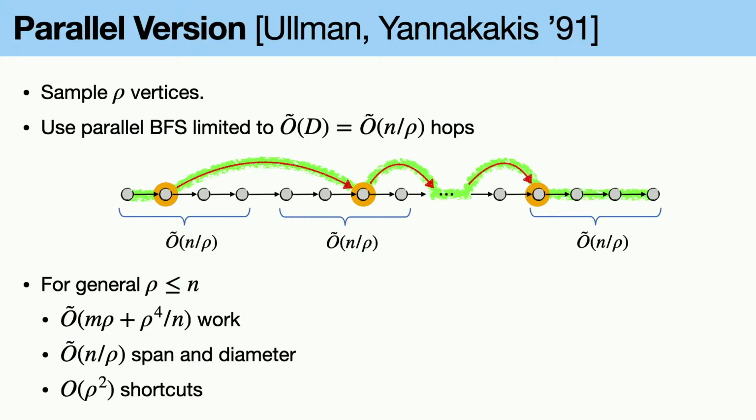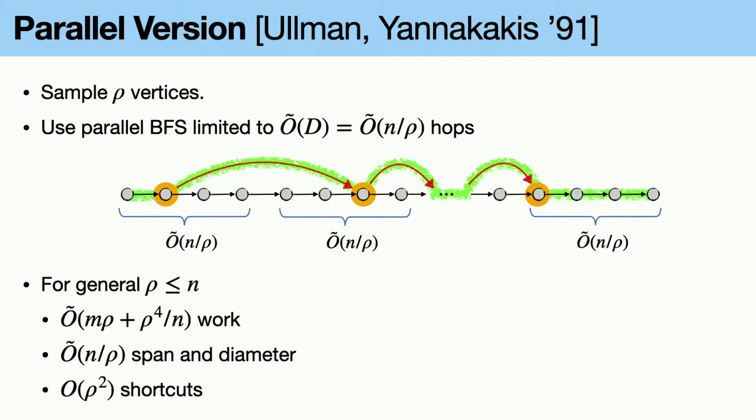Now, they do describe how to do this algorithm when rho is very big, which means that the number of segments will be quite large, and this path is still much larger than our target diameter. So roughly speaking, you just run a different algorithm on the graph over the samples. And they, at some point, run matrix multiply in there.